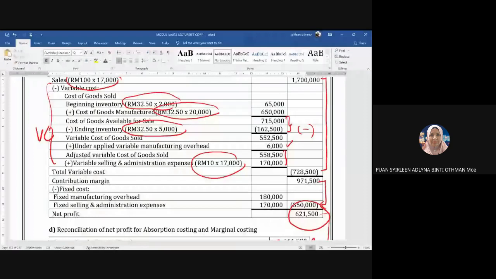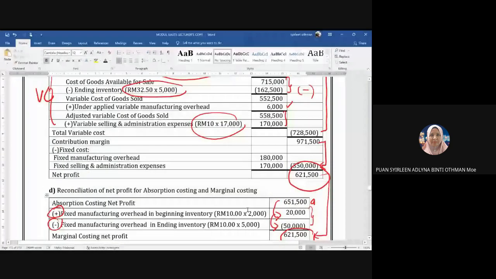Sebab the calculations are all done inside the statement or inside your reconciliation table. Okay, so all yang kira-kira tu mesti dalam bracket. Kalau you tak buat dalam bracket tu, tak dapat markah lah. Okay, sebab these are the only places yang you ada guna untuk calculations. So untuk topic 9, calculations all will be done in the statement itself or in the reconciliation table. Bukan dikira di luar. Okay, alright.